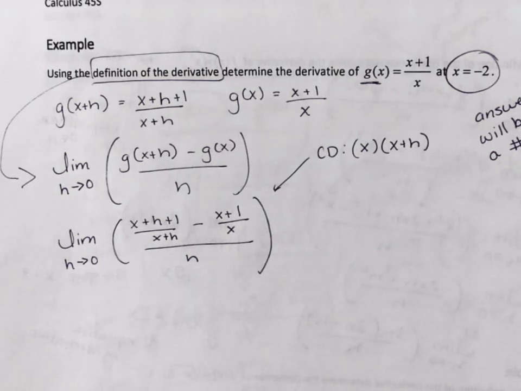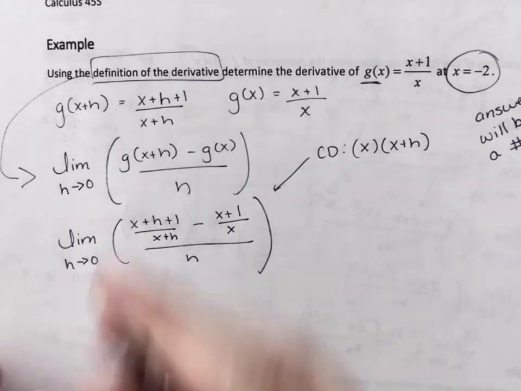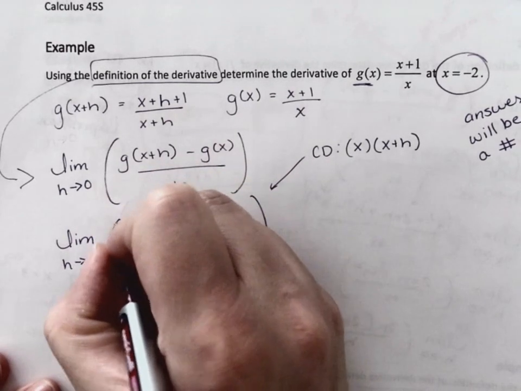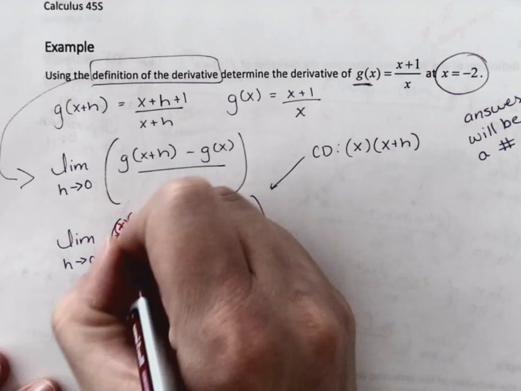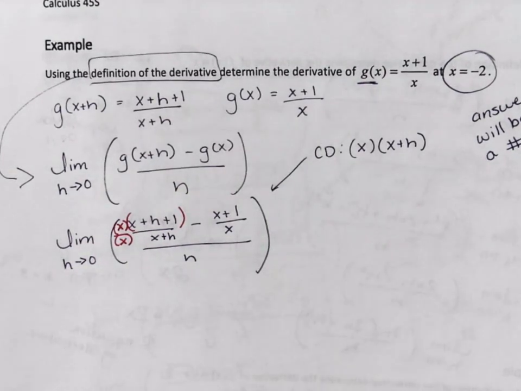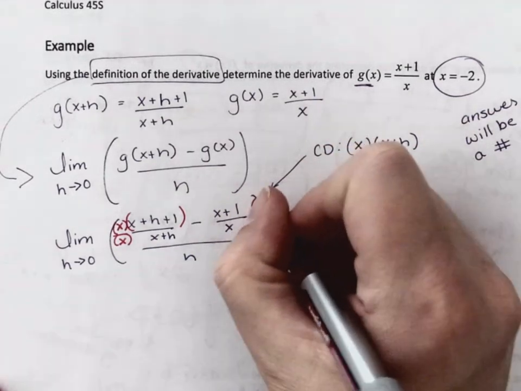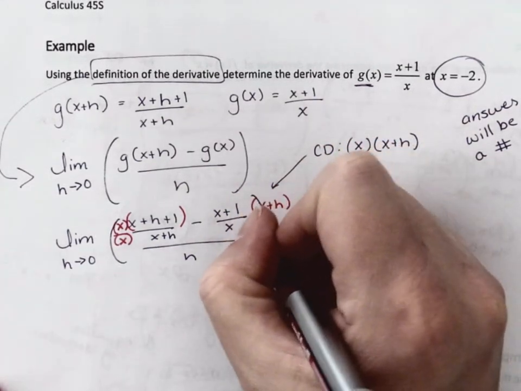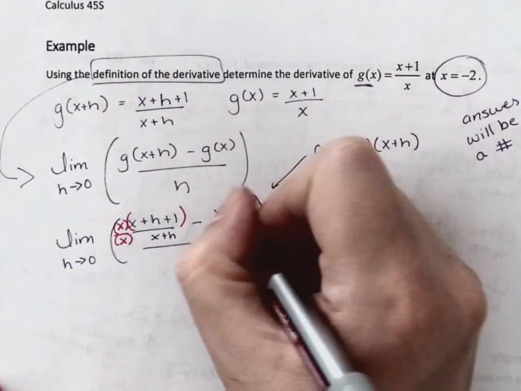So if I look at my first one, this one's missing x over x. Now remember that numerator is the whole thing, right? And then this one's missing x plus h.